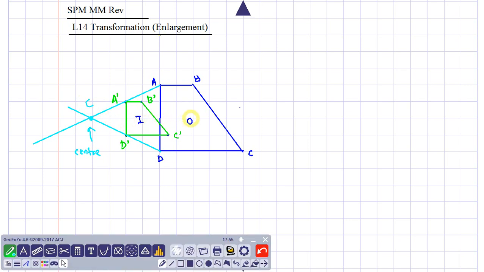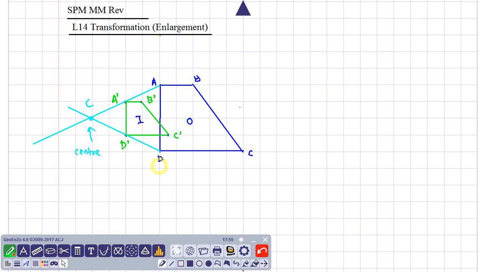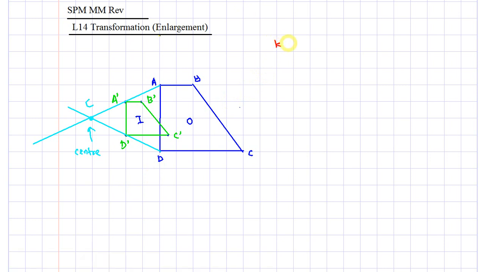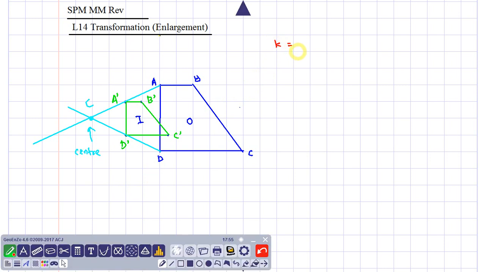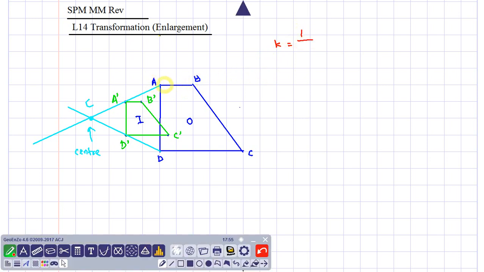Okay, so what is the scale factor? When you want to describe an enlargement, you need to mention scale factor and also the center. Still remember how to calculate the scale factor, very easy. K is equal to, always remember, the length of image on the top. I take this one, A prime B prime, 1, and this AB, 2. So the scale factor is 1/2.